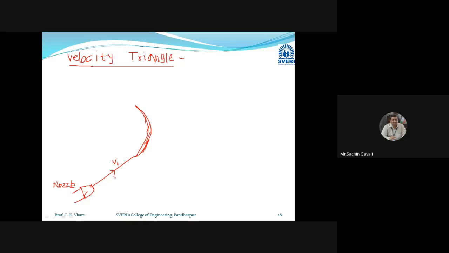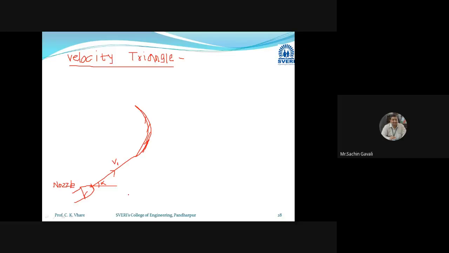Let us consider that V1 makes an angle alpha with the horizontal. This is called the nozzle angle at inlet, alpha.